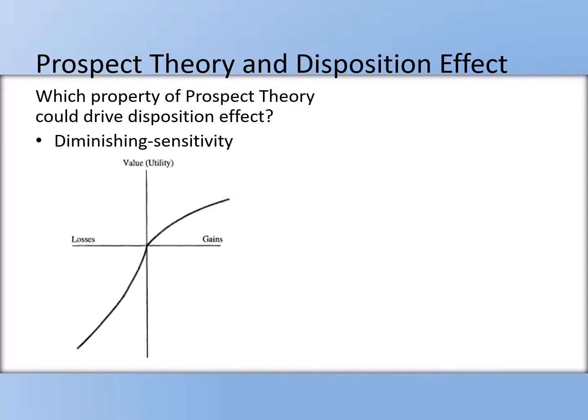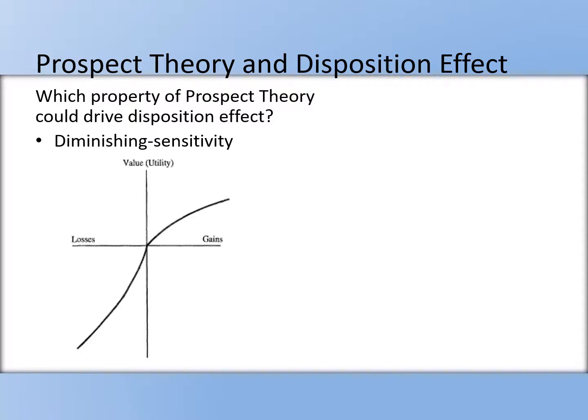How? Take a look at the diagram that I've shown you in previous class. This diagram has a concave part, right? A concave part in the gain region and a convex part in the loss region, right? So you are risk averse when you gain, and you're risk seeking when you lose.